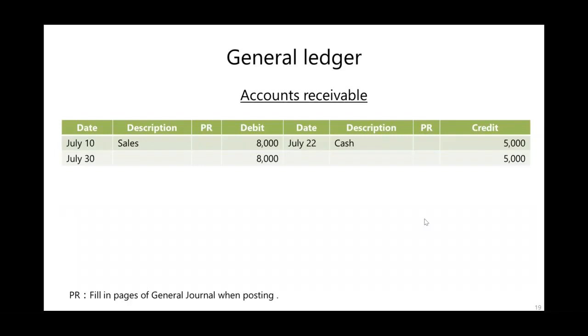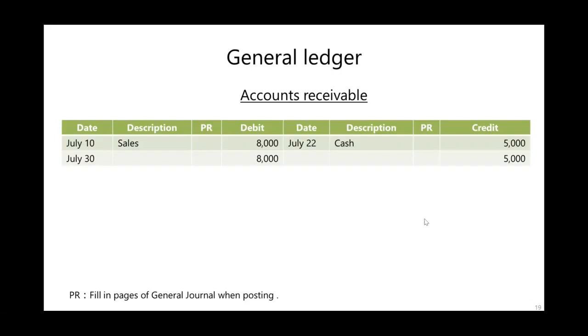Accounts receivable. In the same way, the counter account is recorded in the description. For example, accounts receivable on July 10 was recorded for the amount of 8,000, and the counter account was sales.